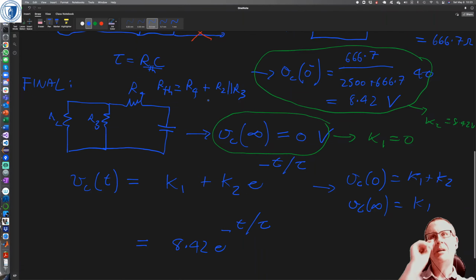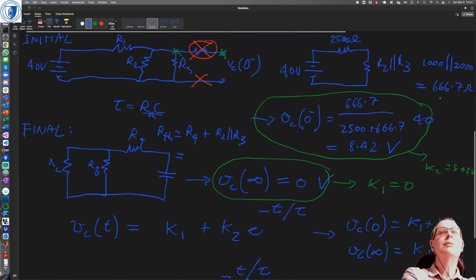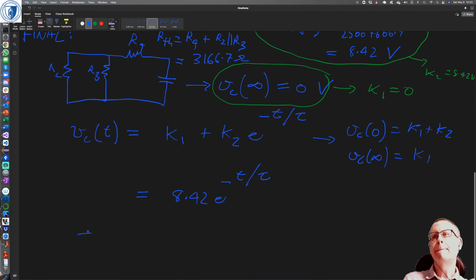Our RTH, I think we did R2 in parallel with R3 before, so it's going to be 3166.7. So our tau, and C is 750 by 10 to the minus 6.